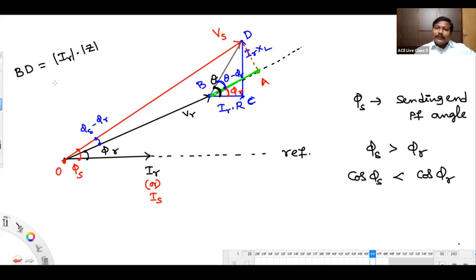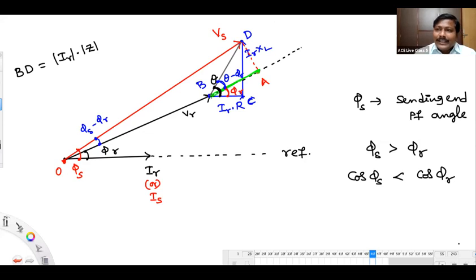Now, what line are we discussing? Short line. We are discussing the short transmission line. For the short line, assume that series impedance is very less. Then IR into Z value will be very less and BD length is very less.